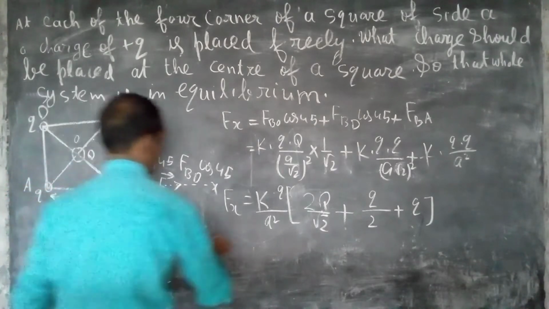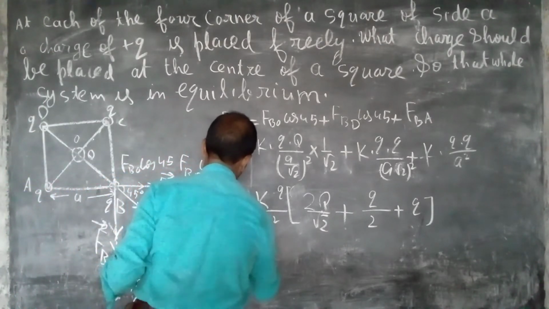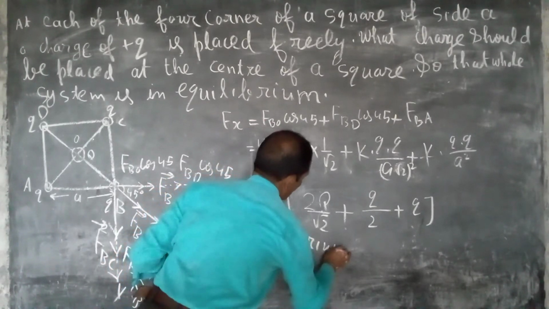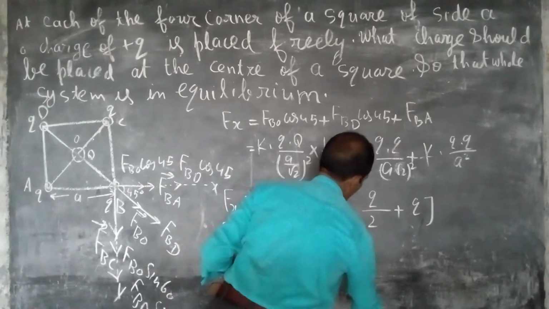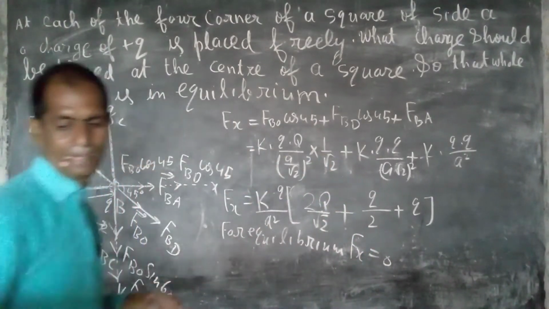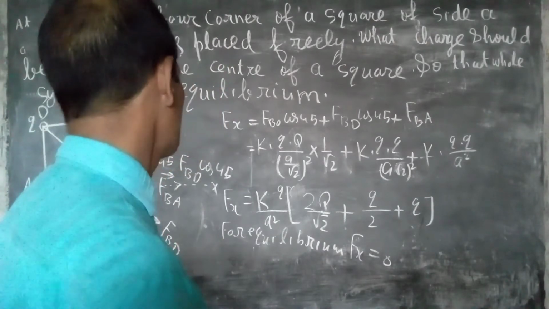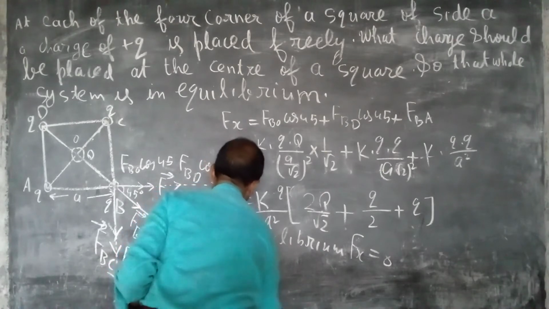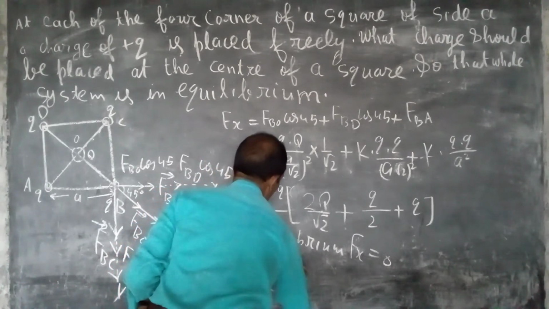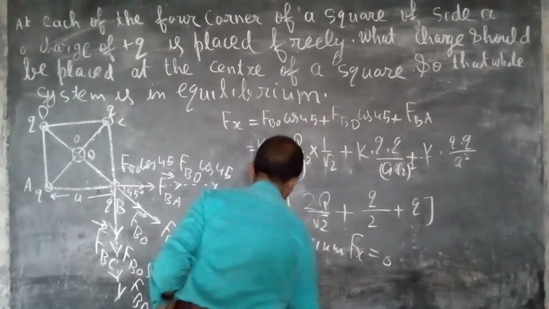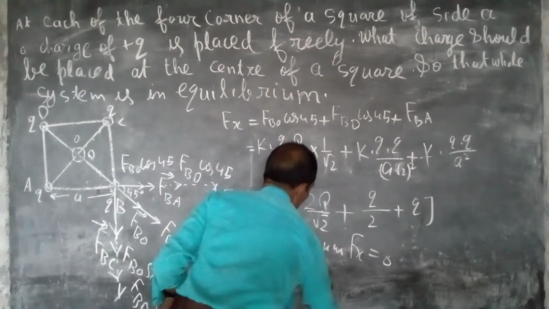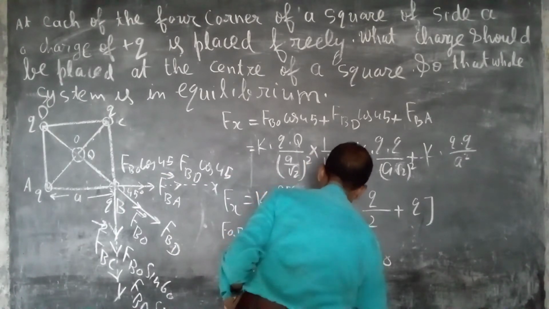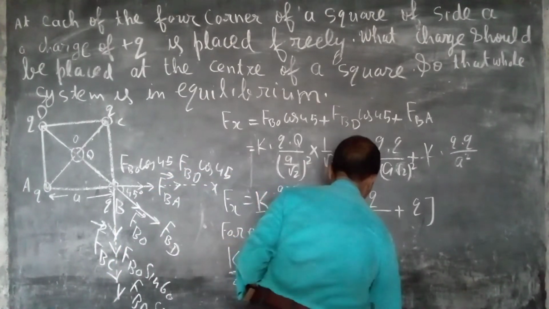So for equilibrium, the forces in the x direction and y direction will be 0. For equilibrium, Fx and Fy will be 0. So write Fx equal to 0. Write the value of Fx: K q upon a square into root 2 Q plus 3q by 2 is equal to 0.